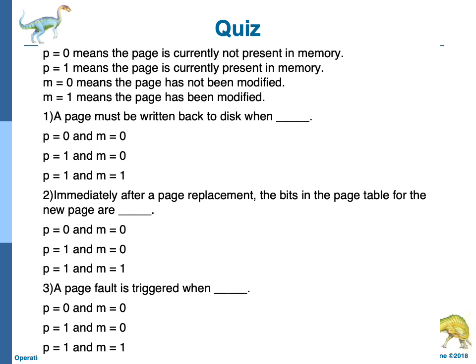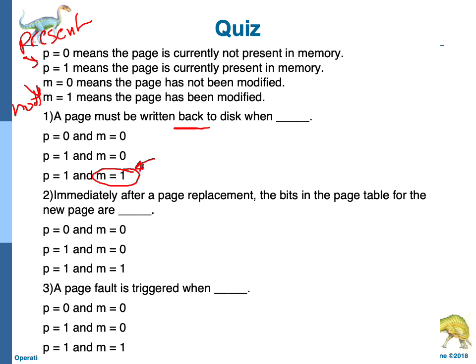And so if we define P as the present bit, which means it's memory resident, and M as the modify bit, right? So a page must be written back to disk when? So we said we write a page back to disk only when it's dirty, when it's modified, right? So only in this case we do write it back to disk.